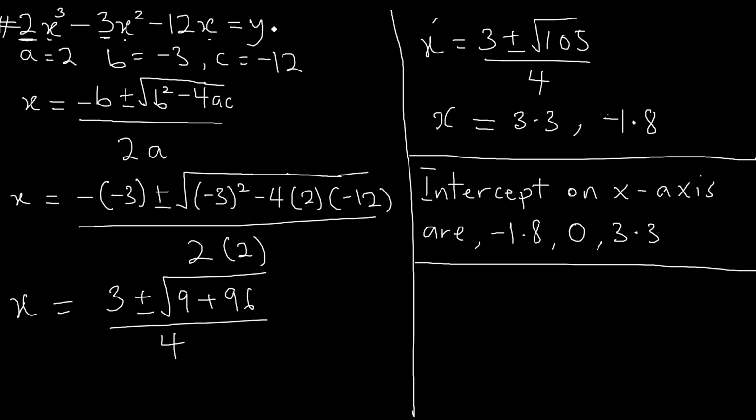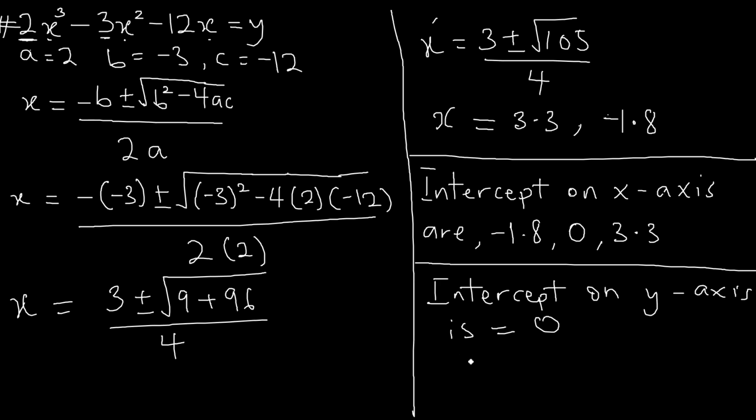So for this particular curve, the intercept on the y-axis is actually 0. So let's not go through the pain of solving that. The intercept on the y-axis is actually 0.